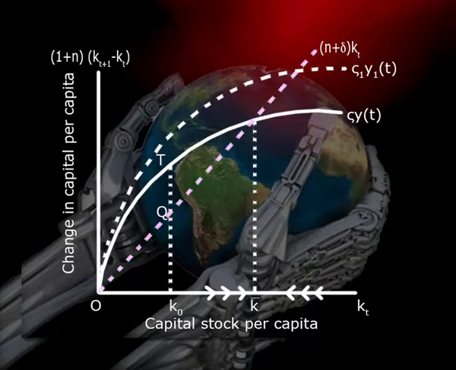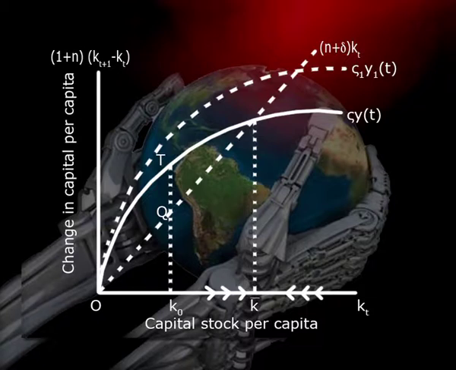The straight line through the origin shows the amount of new capital required per person to keep the amount of capital per person constant. Since depreciation and increase in population both reduce the per capita availability of capital, a constant increase in capital or capital investment must take place to keep a steady state of growth.